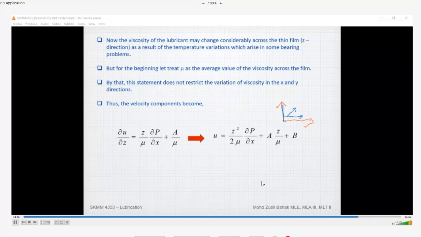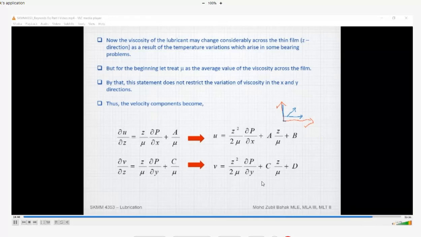And when we integrate it once more, you have u equal to z square over 2 mu partial p partial x and the rest, and also the same with the velocity in the y direction. So now, if you want to know the velocity gradient in the x and y direction, we need to determine the constants A, B, C, and D.